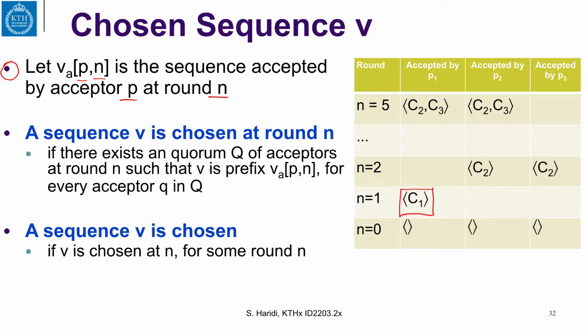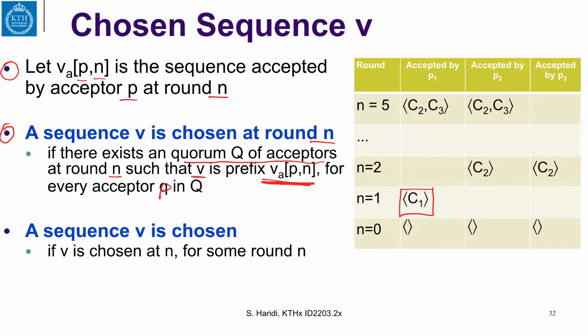So the next concept is what is a sequence V chosen at round n. A sequence is chosen at round n if there exists a majority of acceptors, what we call a majority quorum of acceptors at round n, such that V is a prefix of the value of every acceptor in it.